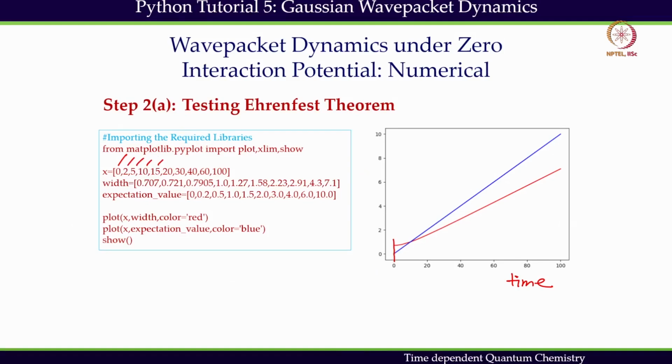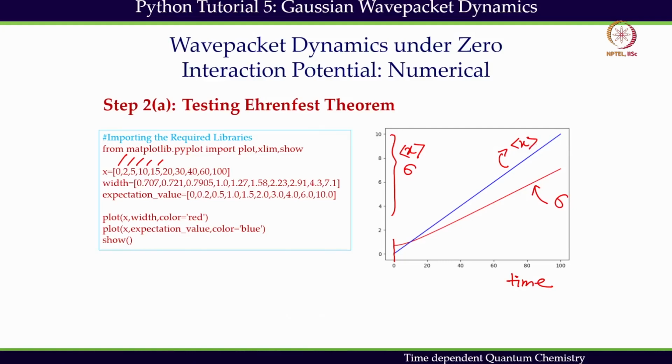This axis is representing the mean position as well as the width, and width is the sigma. So both it's representing. This is the width, representing the sigma, and this is the expectation value.